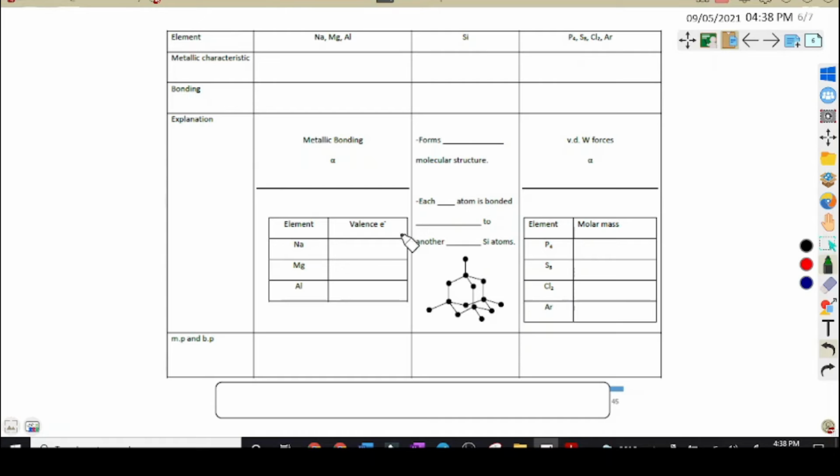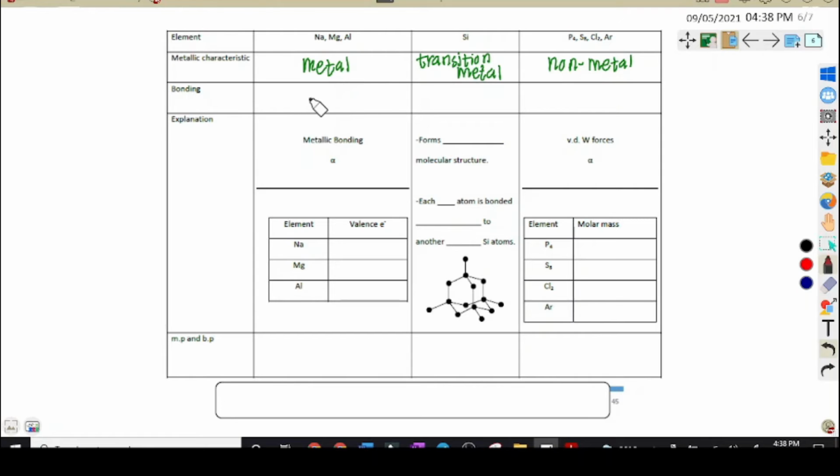So how do all the elements that I mentioned before differ in their strength of attraction? For sodium, magnesium, and aluminium, they will exist as metals. Silicon as a transition metal. And for this group, they will exist as non-metals, as we talked about before.